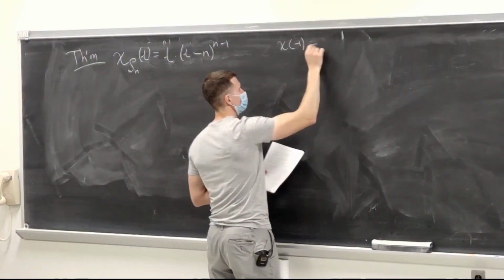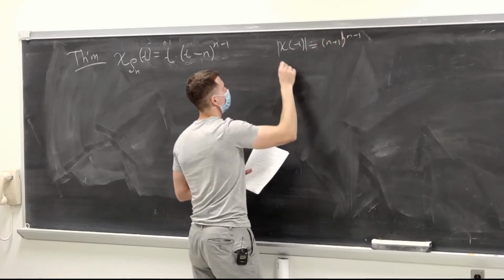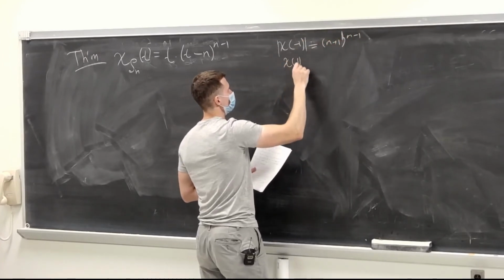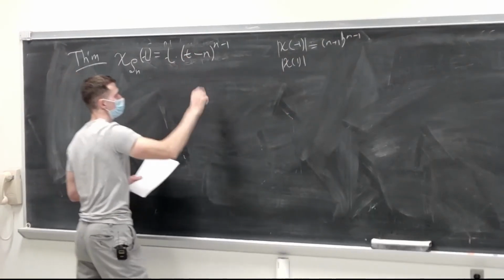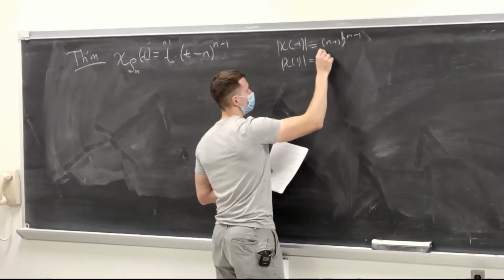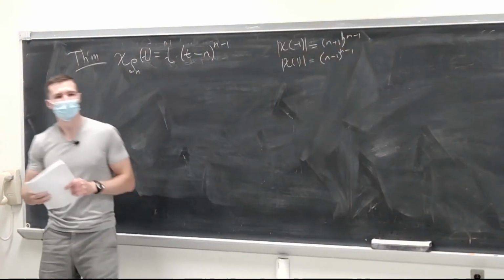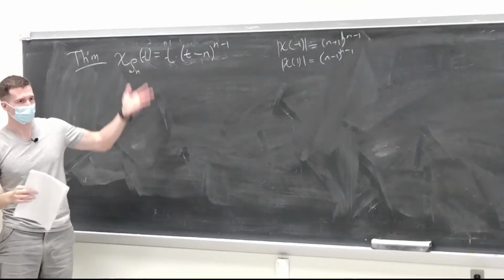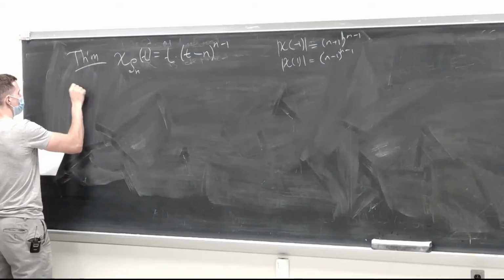Basically, after the sign, you get n plus 1 to the n minus 1. And if you plug in 1, this becomes 1 minus n, so you get n minus 1 to the n minus 1. You see that this factors very nicely.